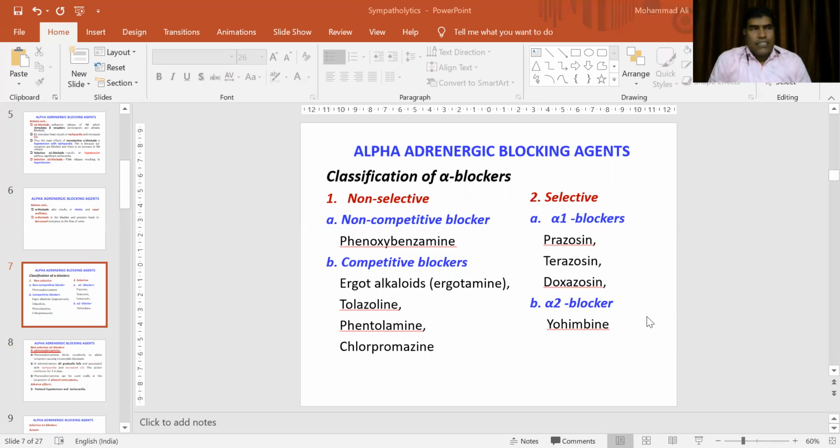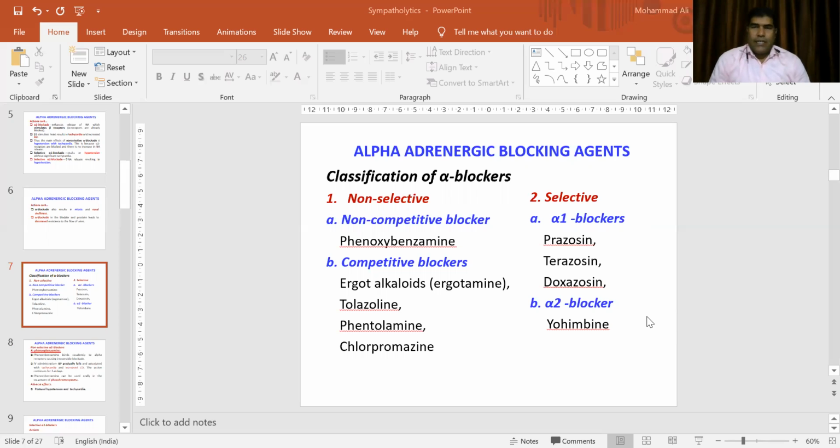Now coming to the classification of alpha blockers. They are broadly categorized into two. First one is non-selective. Under non-selective come non-competitive blockers such as phenoxybenzamine, and competitive blockers. Under competitive blockers come ergot alkaloids such as ergotamine, and others: tolazoline, phentolamine, chlorpromazine.